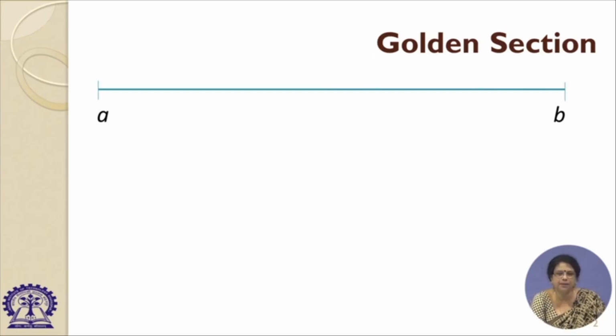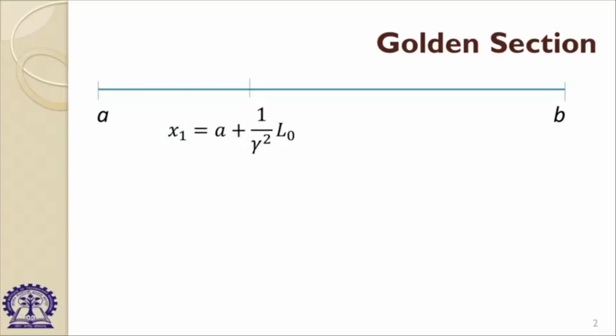The basic principle is just like the Fibonacci method, that we will find out 2 points in between which are equidistant from both the ends, and from there we will find out the optimal solution.